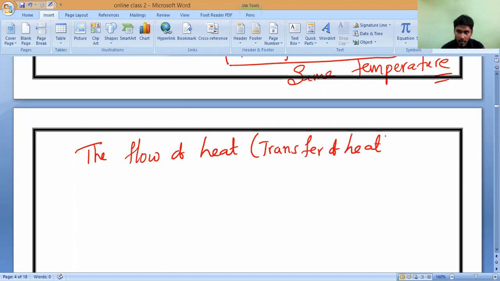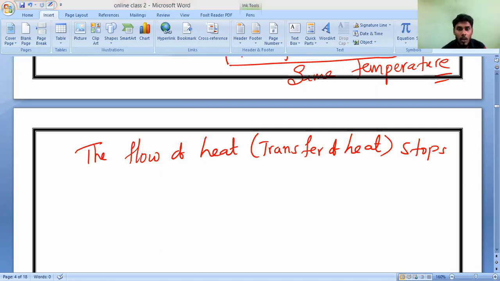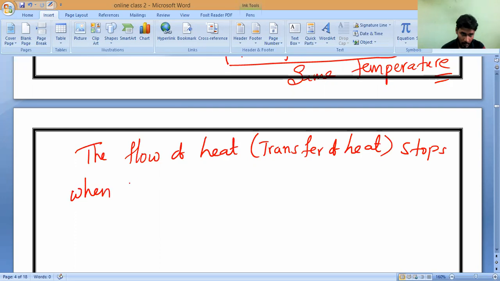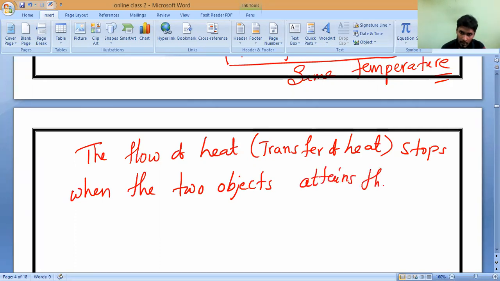Transfer of heat stops when the two objects attain the same temperature. Do you understand?